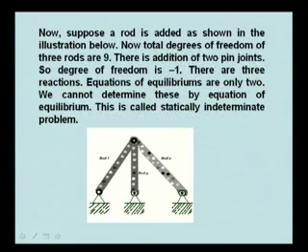So the degree of freedom is basically -1. Why? Because we have a total of 9 degrees of freedom, but now we have 1, 2, 3, 4, 5 pins. Each one removes 2 degrees of freedom. Therefore we have 9 minus 10 equal to -1.